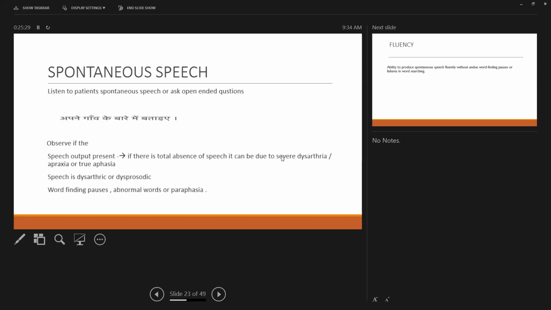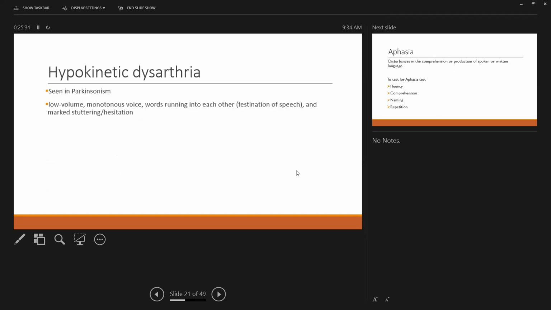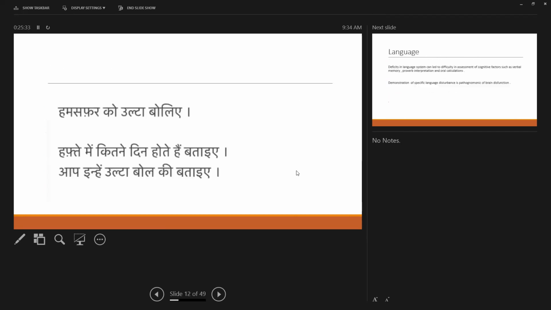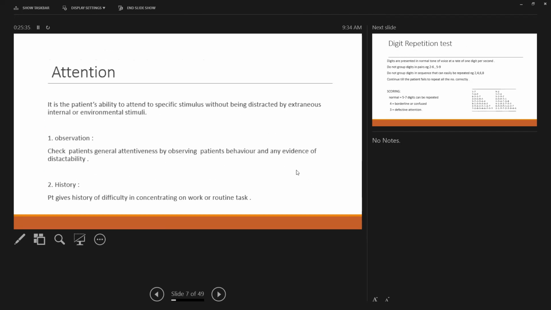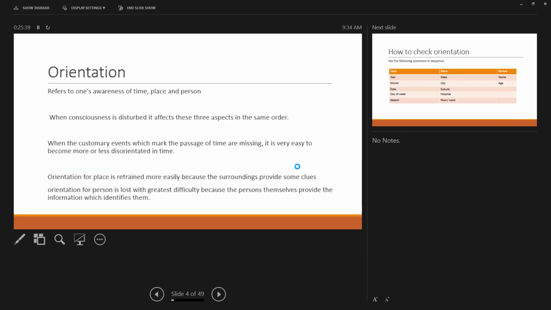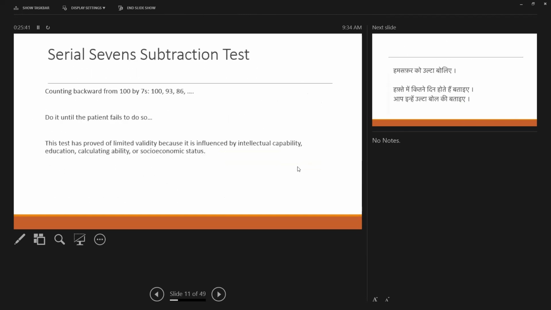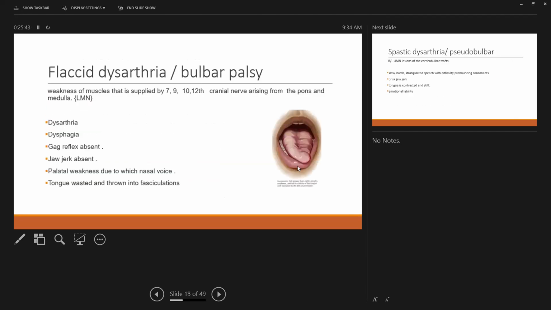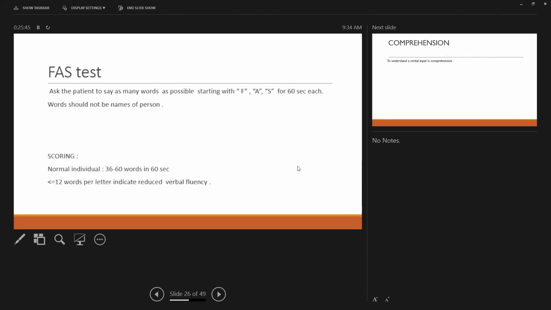But why you have kept new learning ability at the last? What does it test? New learning ability, what part of the memory would it assess?